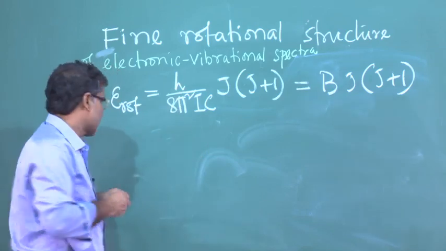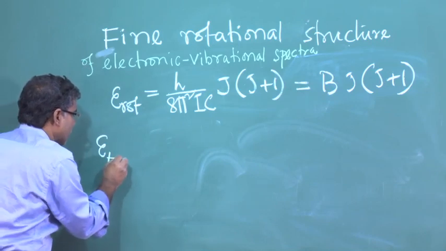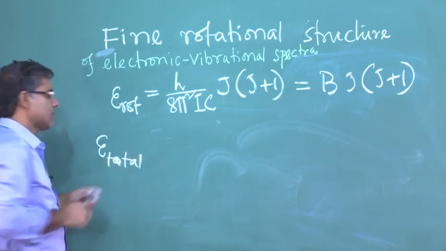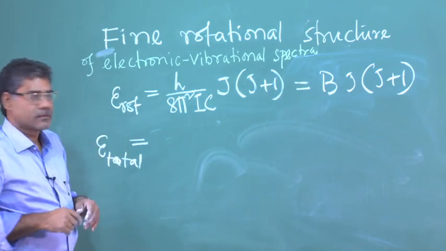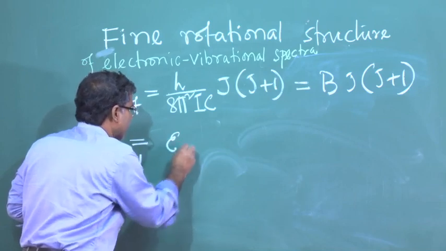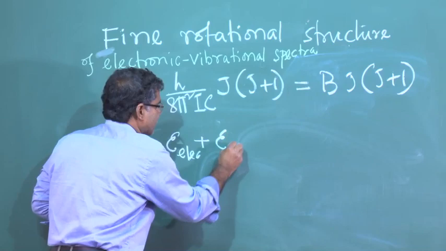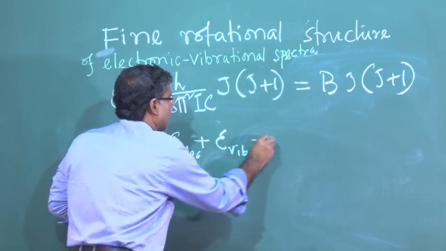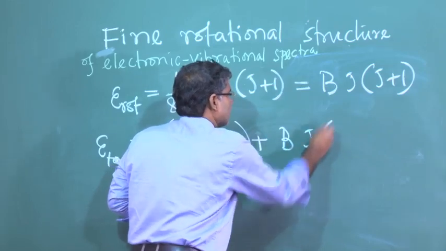If we write E total, it will have contributions E electronic plus E vibration plus this.